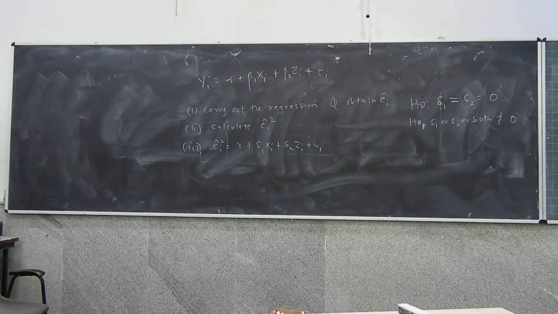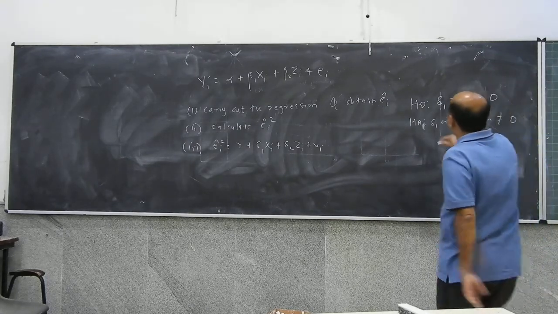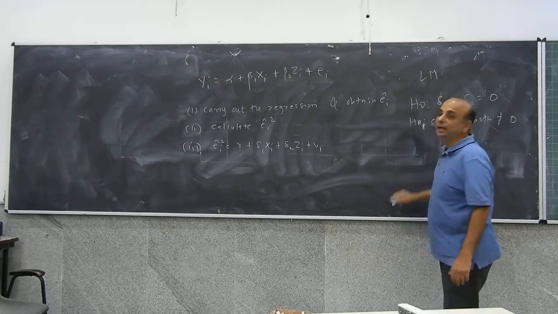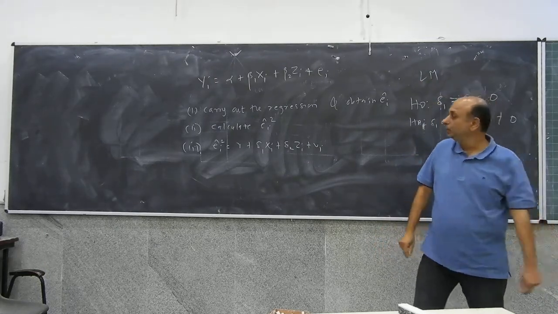But if the error term is not normally distributed, we are not sure, so it's not necessarily an F test. So what does one do? In which case, one takes a test called a Lagrange multiplier test, the LM test.